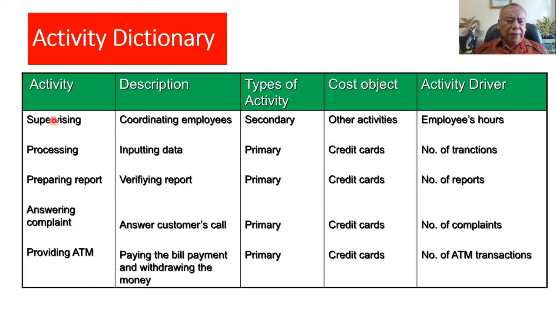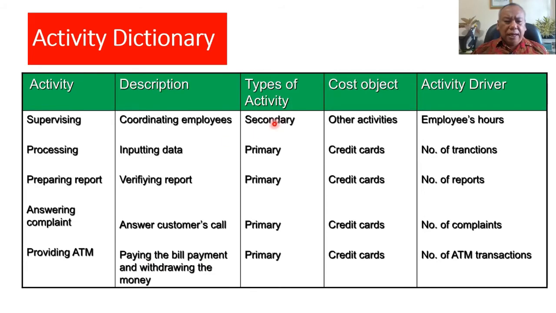The supervising is actually coordinating all the credit card department employees. Then inputting data and verifying report is for preparing a report, answering complaint is answering the customer call, and then providing ATM, with this activity the customer can pay the bill payment and also withdraw money.